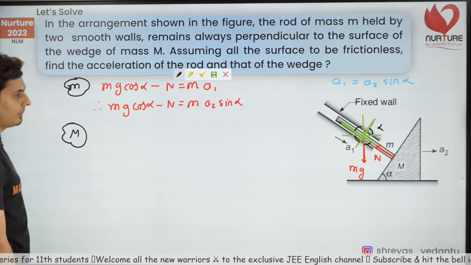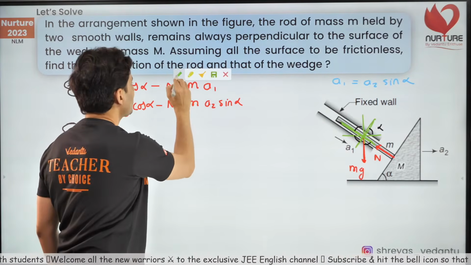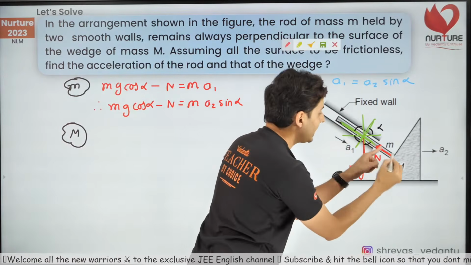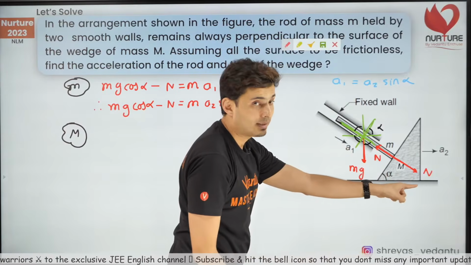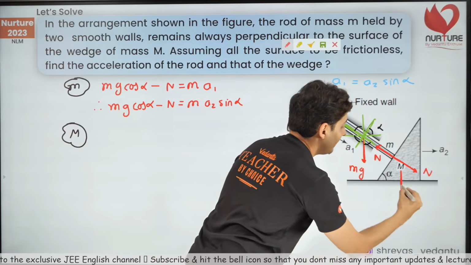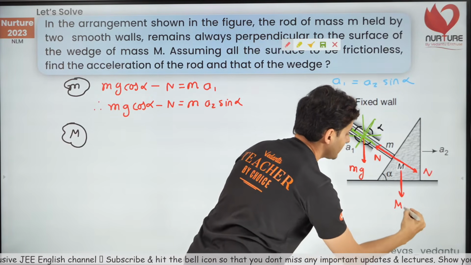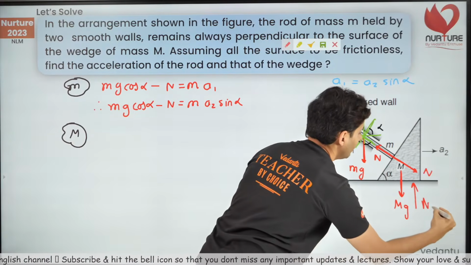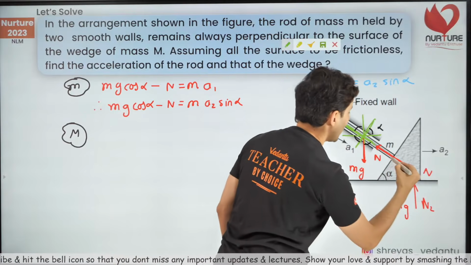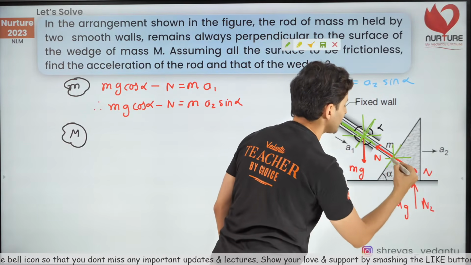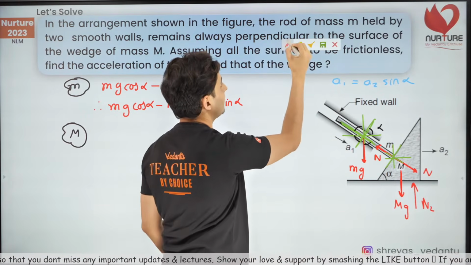Now for capital M, observe this. The reaction of the normal will be this way. Okay, there will be a weight of mass m downwards. There will be a normal reaction like this, and again splitting these normal forces in different directions.